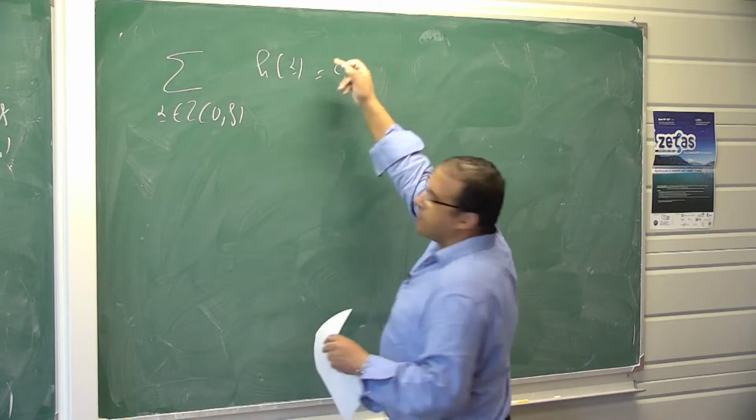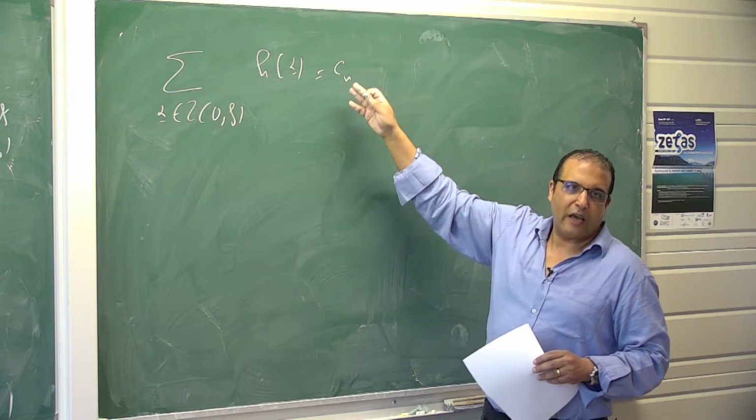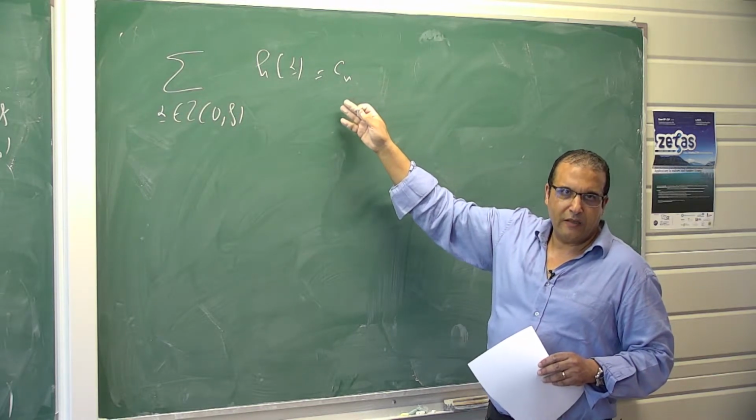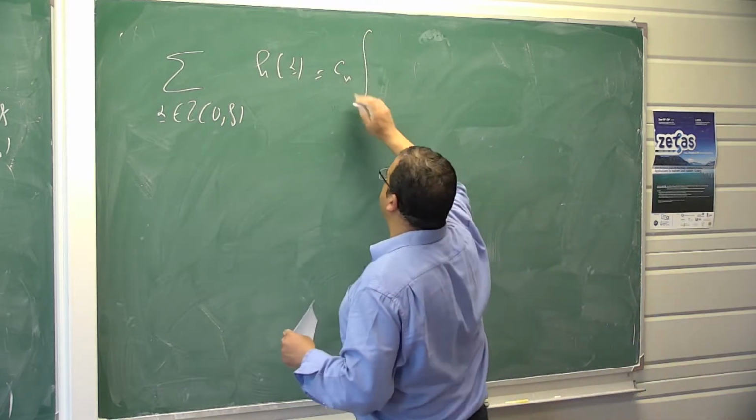I have here some standard constant. I don't want to give it, but it looks like 1 over (2πi)^n n factorial, something like that. So this is not important as a constant, but it's an explicit constant.